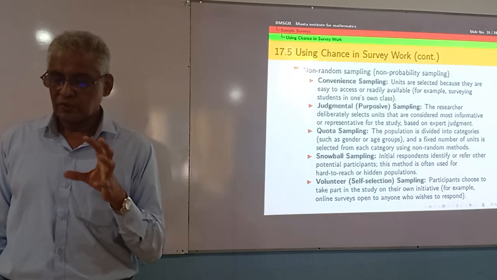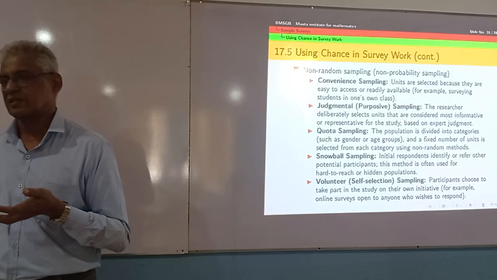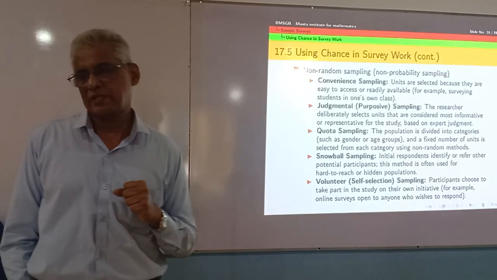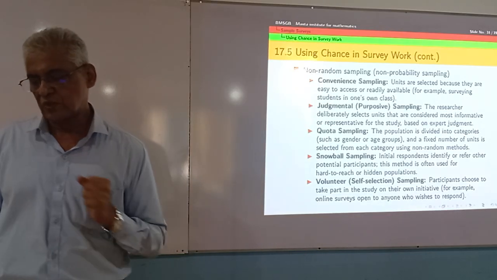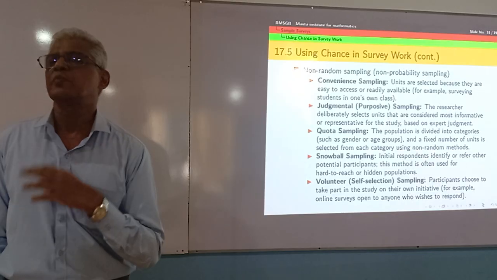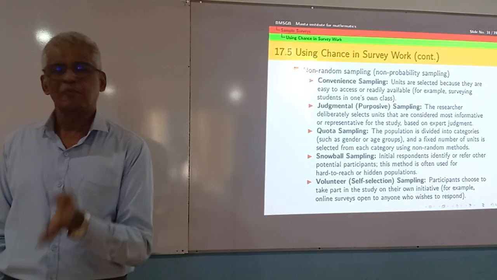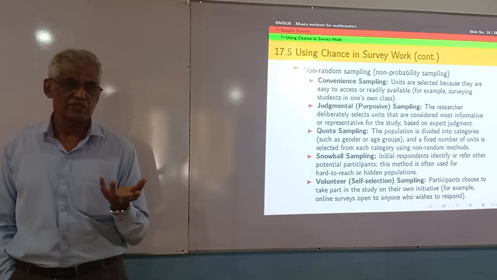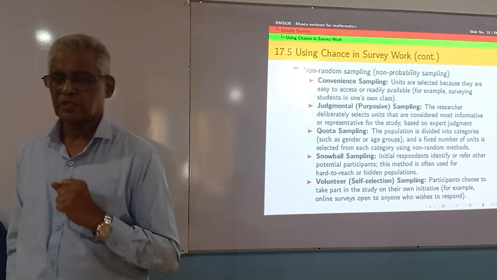Now the main important thing is that if you use a random sampling method, we can get some value for the likely size of the error. That is very important. But with any of these non-random sampling methods, it's impossible. You can get an estimate or prediction, but we never know the likely size of the error in our prediction. So that's a big problem. That is the main problem actually.